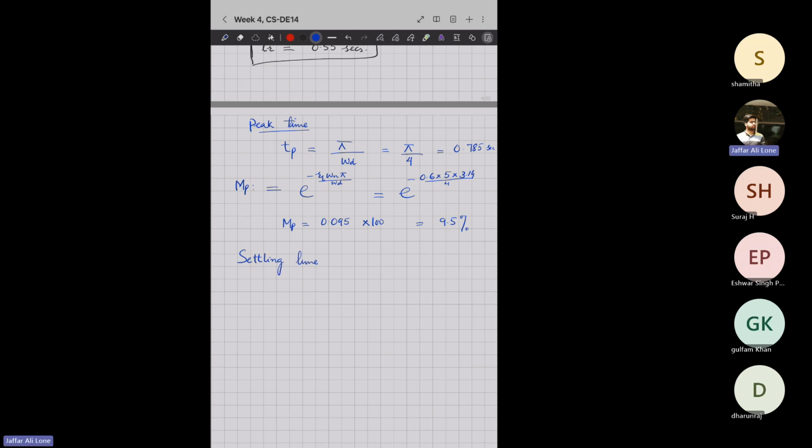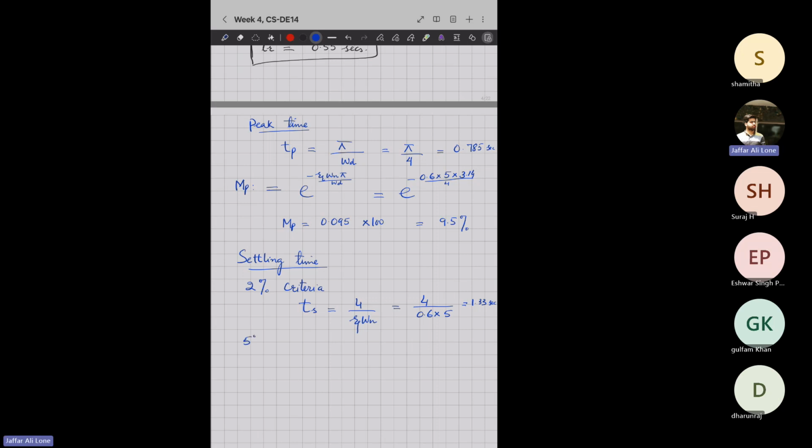Now I said there are two criteria to find settling time. I'll just write for the 2% criterion. The formula is ts equal to 4 by zeta into omega n. So 4 by 0.6 into 5, which is equal to 1.33 seconds.